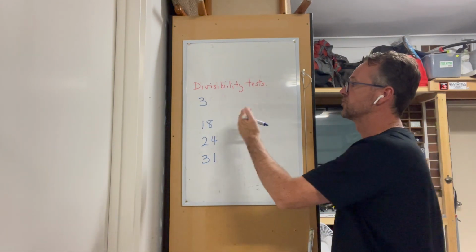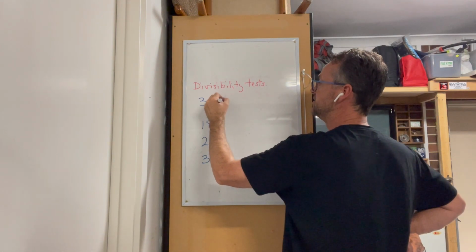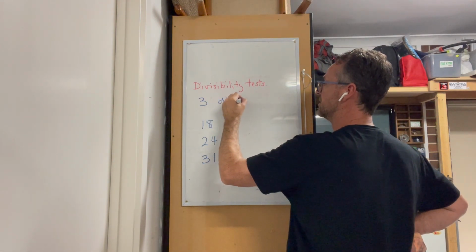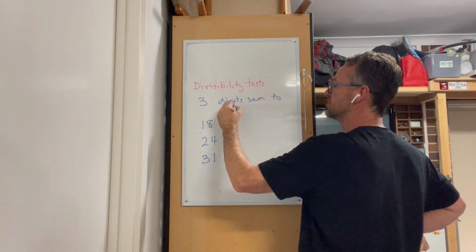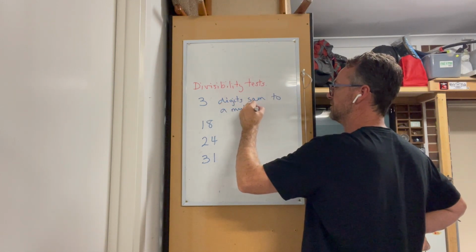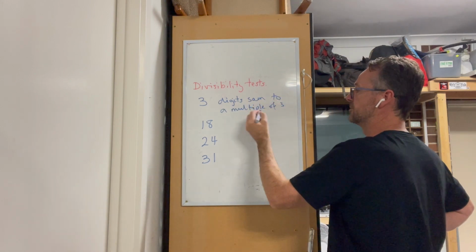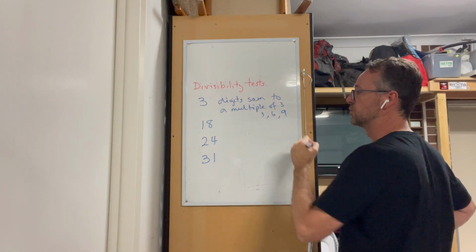The divisibility test for 3 will be that the digits sum to a multiple of 3. So that'll be 3, 6, or 9.